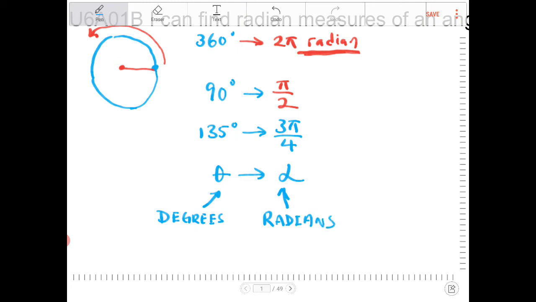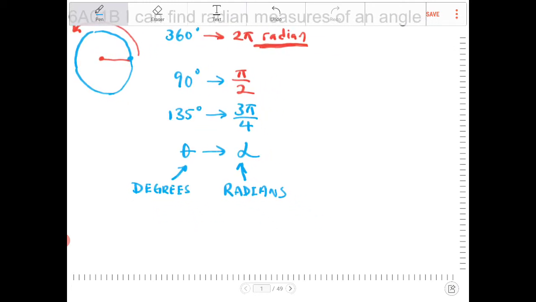So what would that conversion look like? I'm going to write over here on the side. If I have theta, which is in degrees, over 360, and I'm trying to figure out what that is in radians, alpha over 2 pi, all I have to do is isolate alpha, and I will get theta times 2 pi over 360.